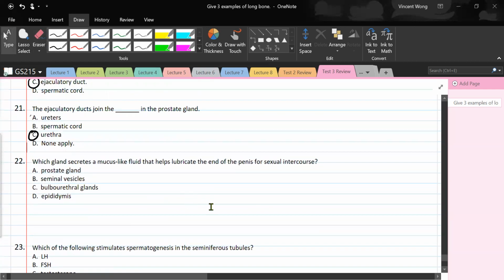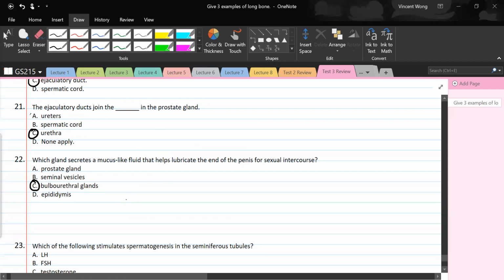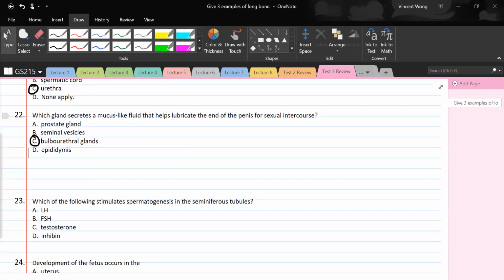Which gland secretes mucus-like fluid that helps lubricate the end of the penis for sexual intercourse? That would be the bulbourethral gland. So it flushes the urinary tract, then lubricates the penis.